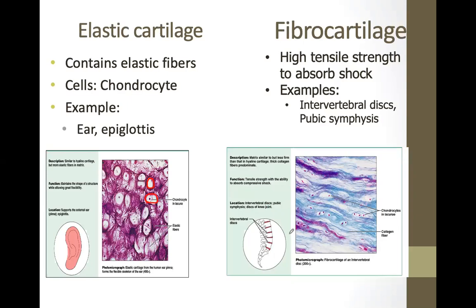Where can I find it? An easy way to remember: E for these two. E for elastic, E for ear, E for elastic, E for epiglottis. If you don't know what the epiglottis is, we'll go into more detail in the respiratory system later. But there's a little flap right about here in your neck where your air passageway is.